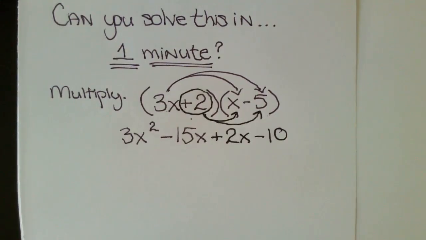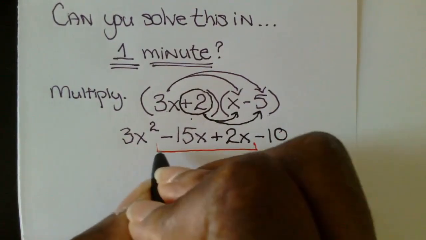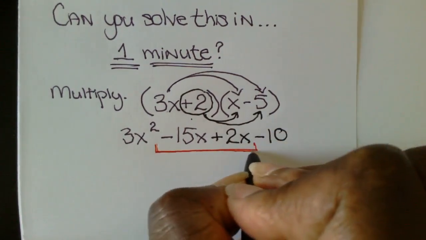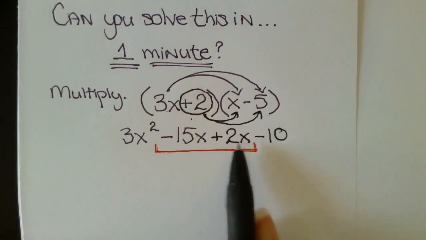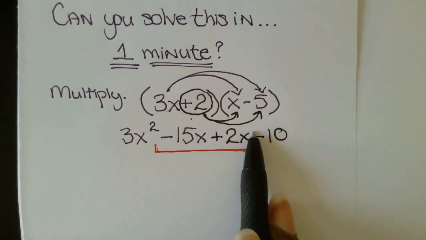So now, right here in the center, these are called your like terms. The reason why they're like terms, because they both have the same variable with the same degrees, the same exponents.